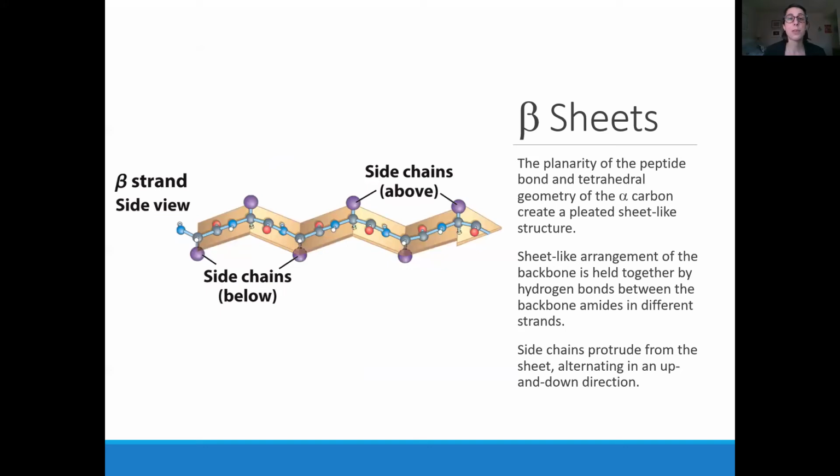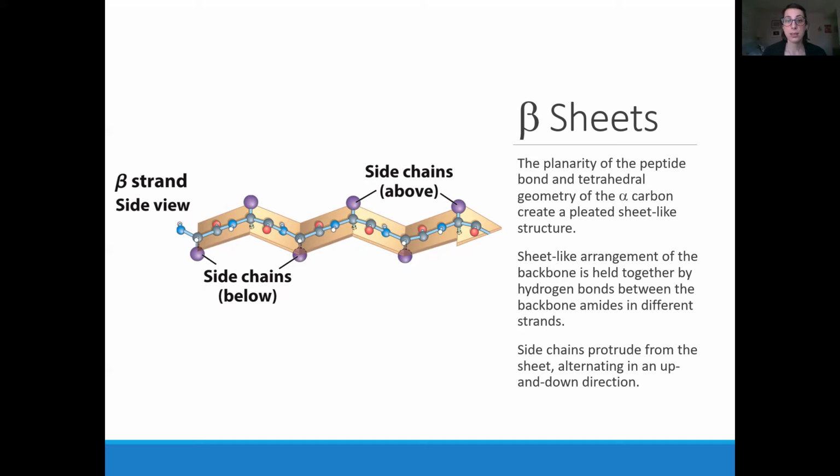Okay, so let's now move on to the second of the main secondary structures that can exist within a protein: beta sheets. And again, beta sheets are held together mainly by hydrogen bonding, just like we showed in the alpha helix.